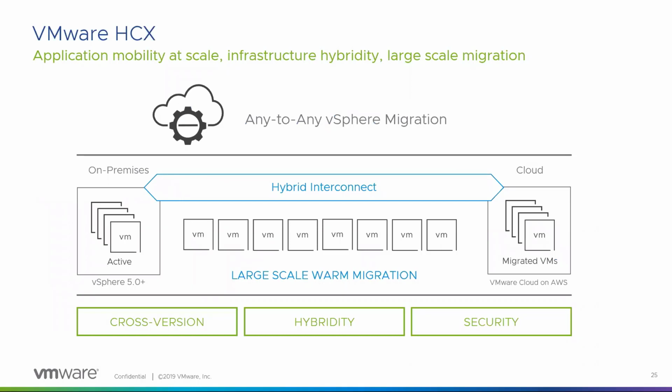So let's assume, for instance, you bought in on this idea of VMC on AWS is great, especially when you consider the climate we're in, right? Let's say you decided, I want to do this because I want to leverage some virtual desktops, right?